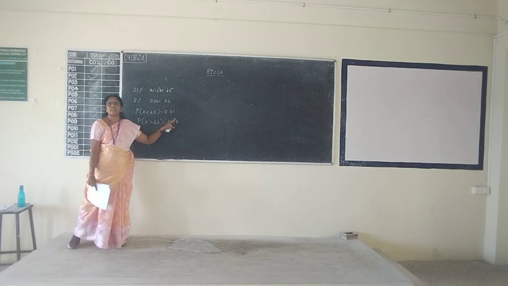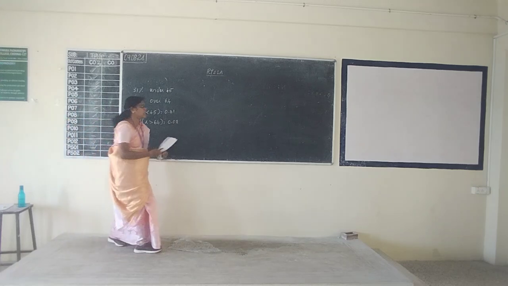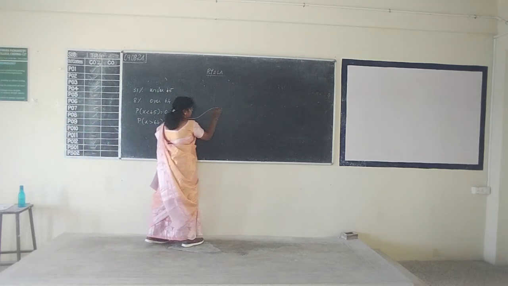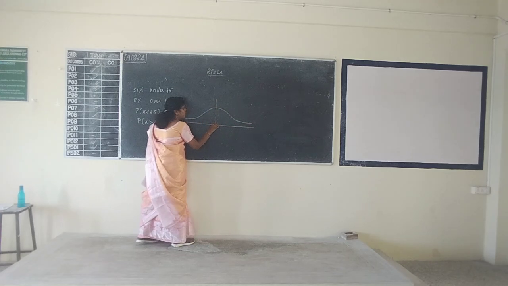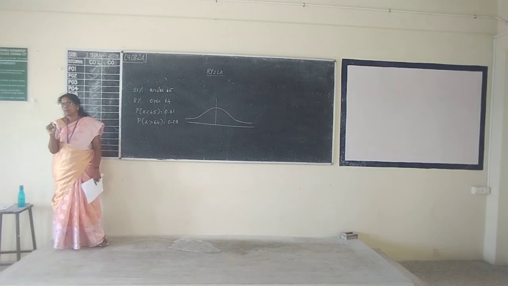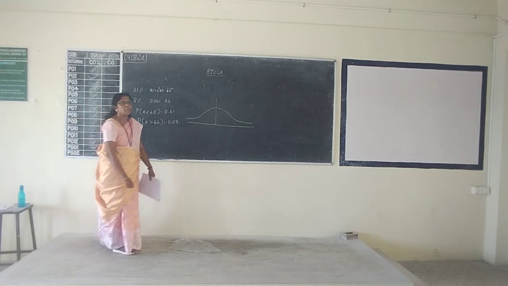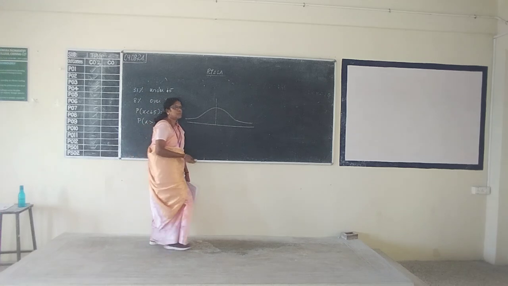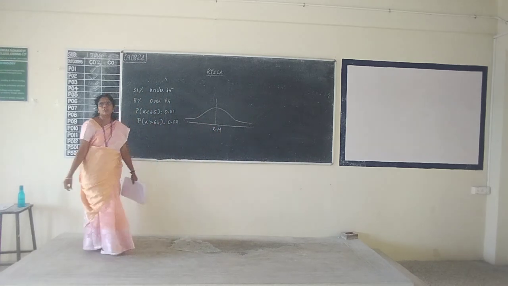The area values are whatever is given. So how to solve the problem: the very first step is to draw the normal curve. Everything will be discussed only on the normal curve. In terms of x, what is the midpoint? x equal to mu.